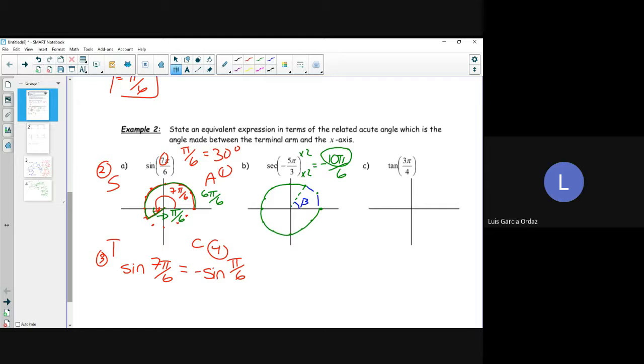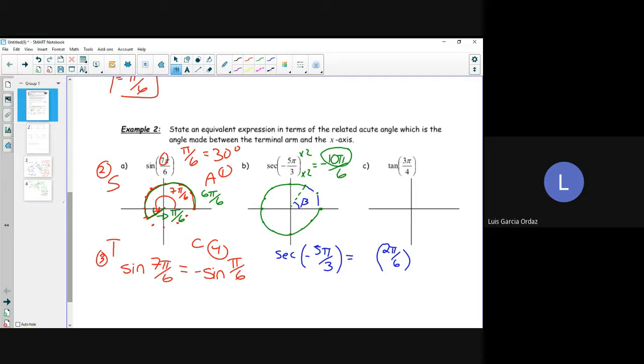So we can say secant of negative 5 pi over 3 is equal to, we don't know our function yet, of 2 pi over 6.